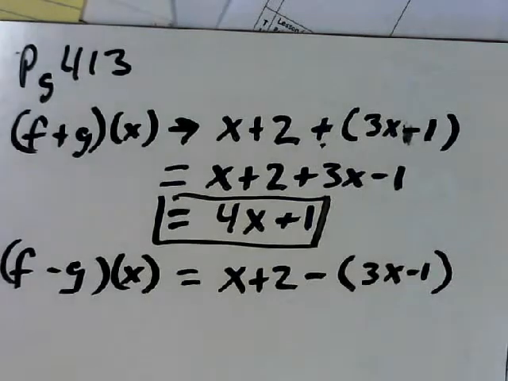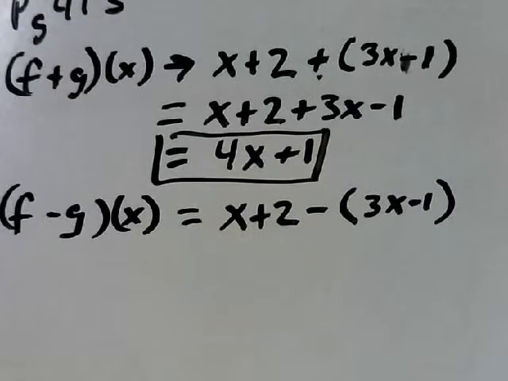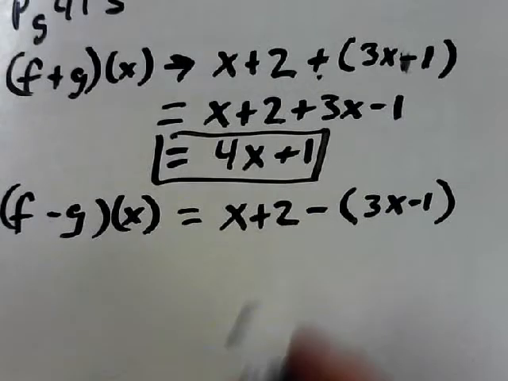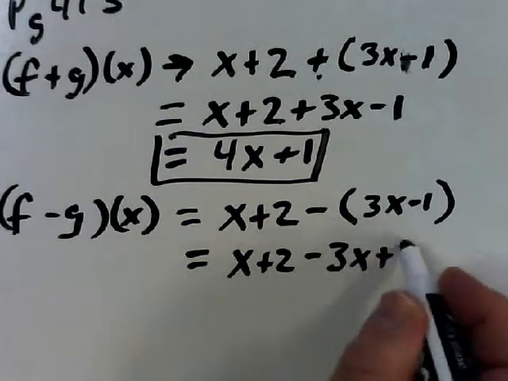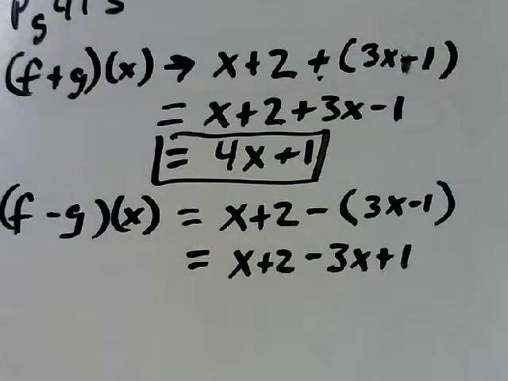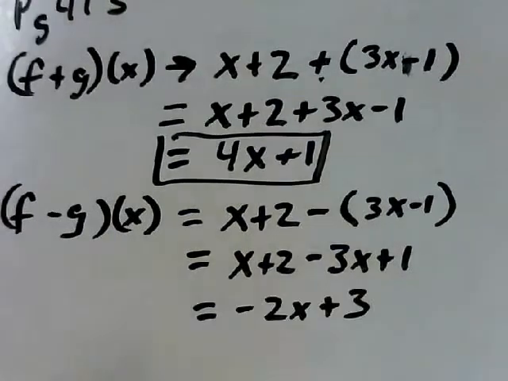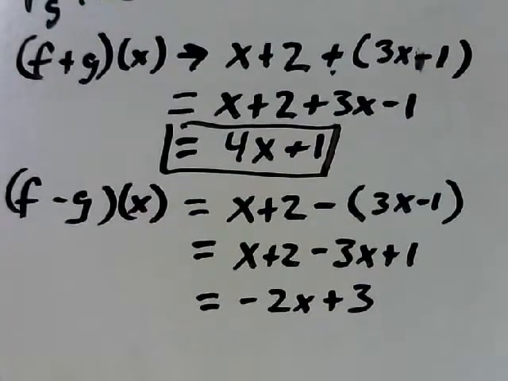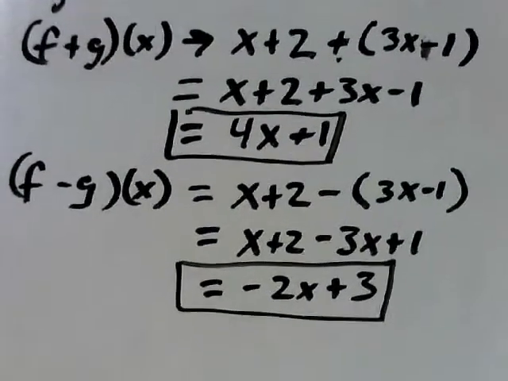So x plus 2 minus 3x plus 1. When I do the distributive property with that negative 1 because of subtraction, negative 2x plus 3. That would be the answer for the f minus g of x.